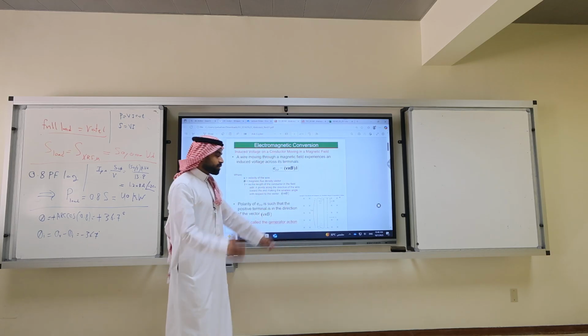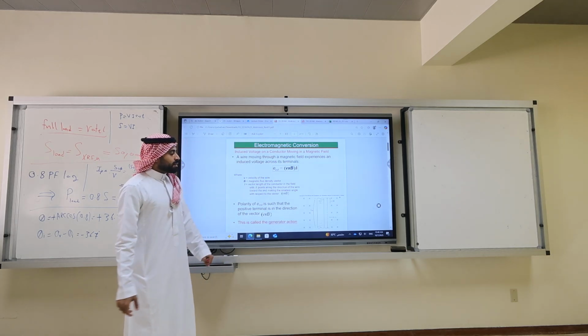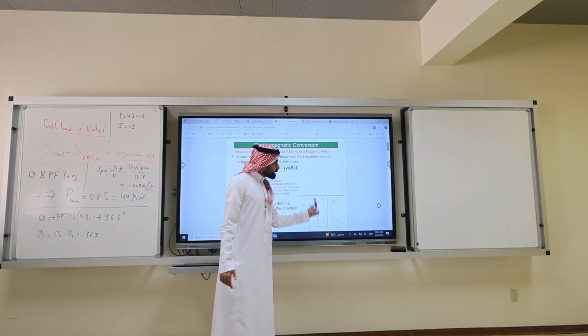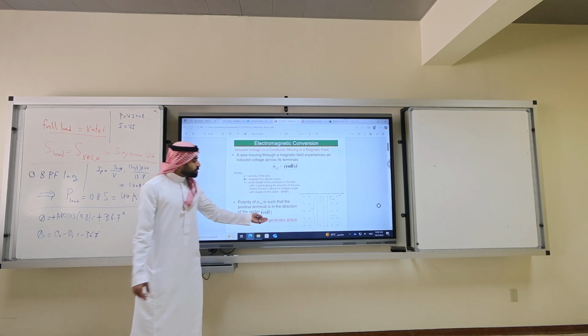If you have 3 variables, you cannot have this. So if I close the circuit, current will flow. You agree with me? This is what we call the generator action.